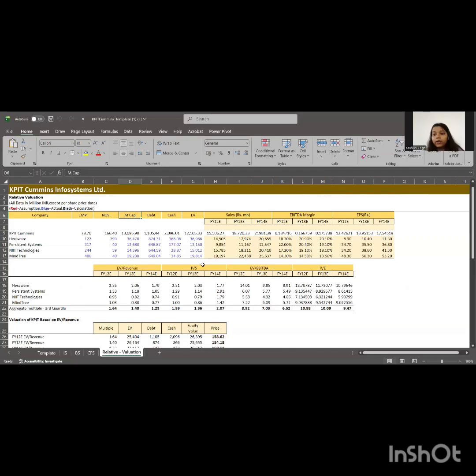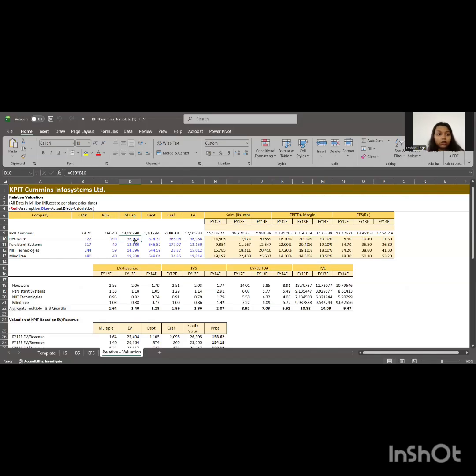Market capitalization, or market cap, represents the total market value of the company's equity. The formula used here is simple. Market cap is equal to CMP multiplied by number of shares. Current market price multiplied by number of shares.